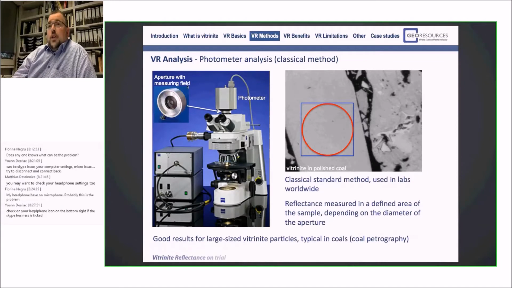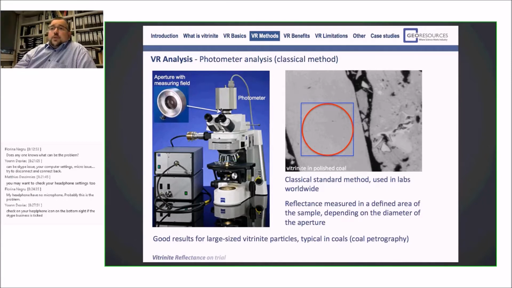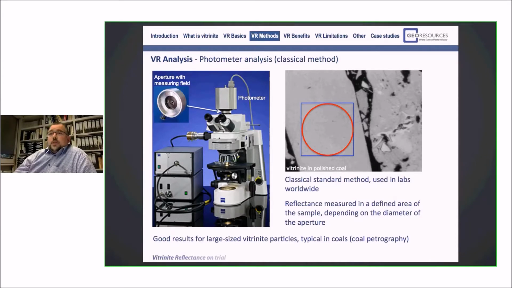So the technology: how is vitrinite reflectance analysis done? It's often, still today, done with a photometer analysis. You have a microscope with a photometer unit on top. In between you have an aperture with a measuring field given by the aperture, and you analyze your polished surface.